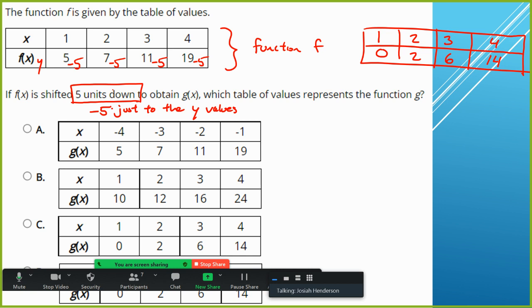If it was left or right, then we'd be dealing with x values, and that's what we're going to look at next. So I did the table on the top, and then we would just scan through and find which one is just like what we found. Looks like C works: 1, 0, 2, 2, 3, 6, 4, 14. Good.